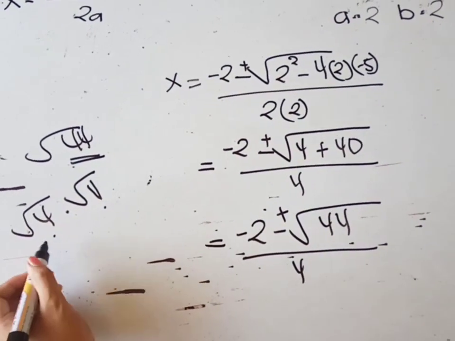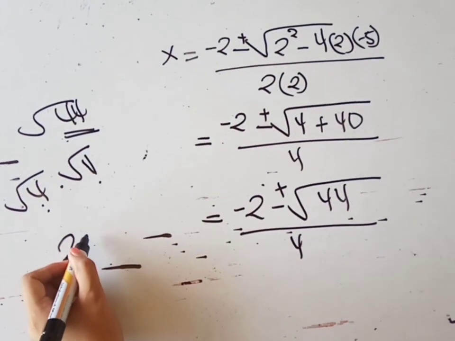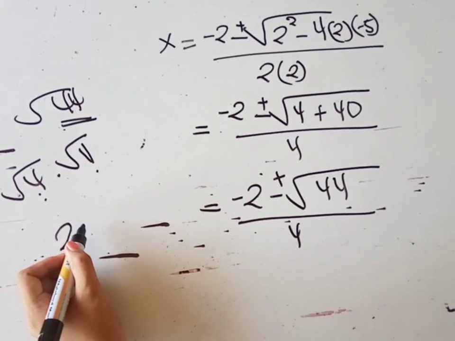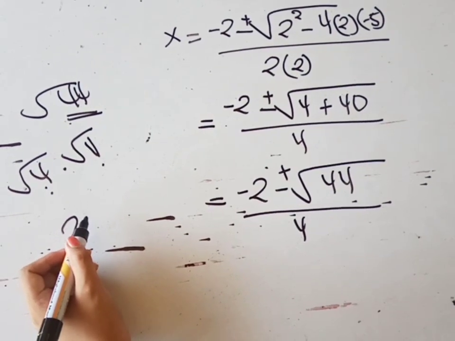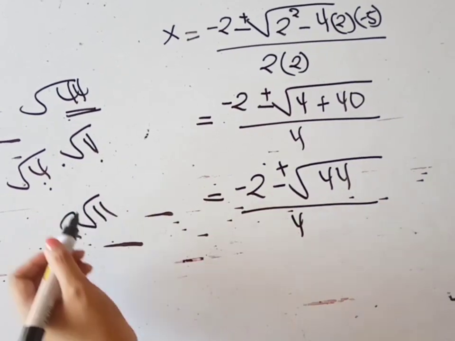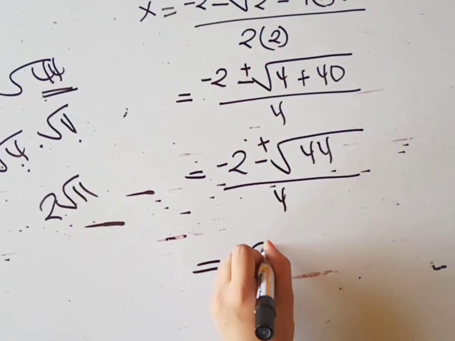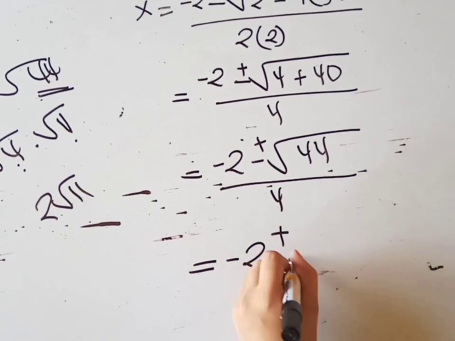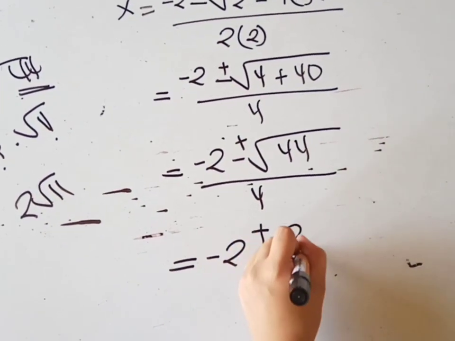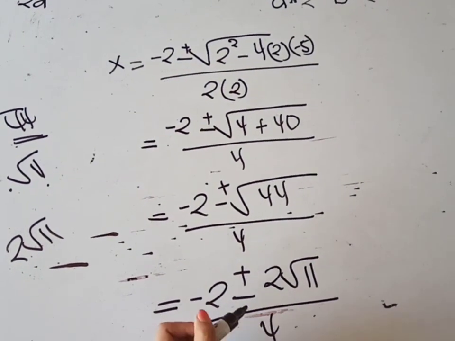The square root of 4 is equal to 2, and the square root of 11 cannot be simplified anymore, so we have the square root of 11. So now we have negative 2 plus or minus 2 square root of 11, all over 4.